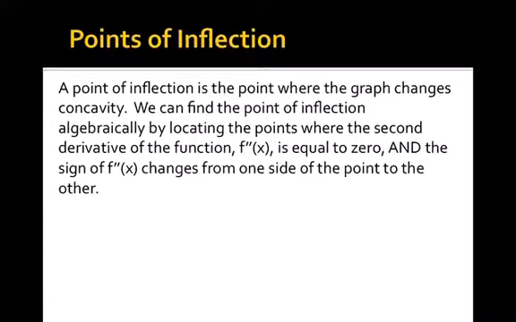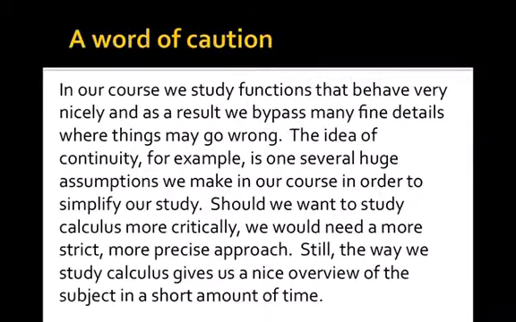So if f double prime changes from positive to negative or negative to positive at that point, then it is a point of inflection. Now in our course, pretty much f double prime, if it's equal to 0, it's pretty much always going to be a point of inflection. We won't give you some sort of funky function where that is not the case.